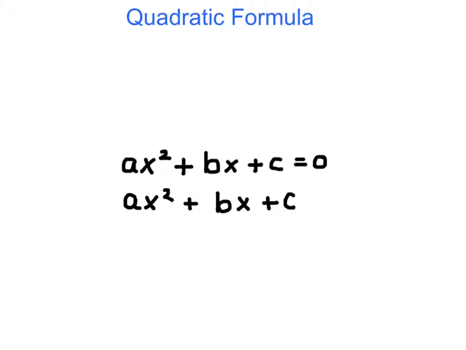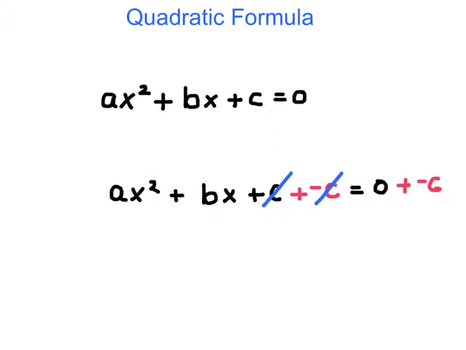So I'm going to add the additive inverse of c to both sides. You can see here on this side I have 0. I'm going to add a negative c. When I add a negative c, on the left side, my c's cancel out.